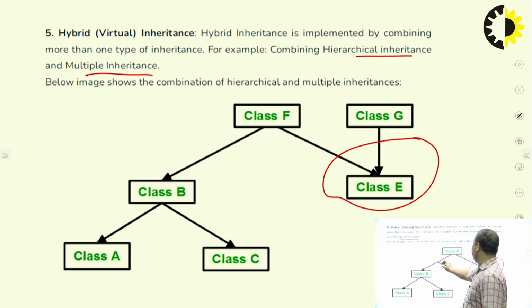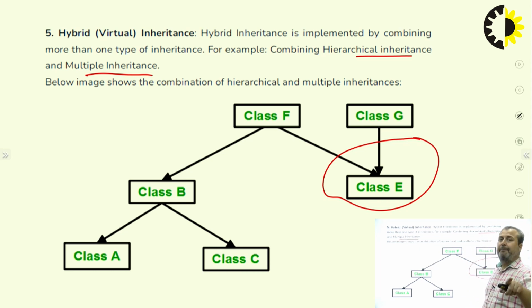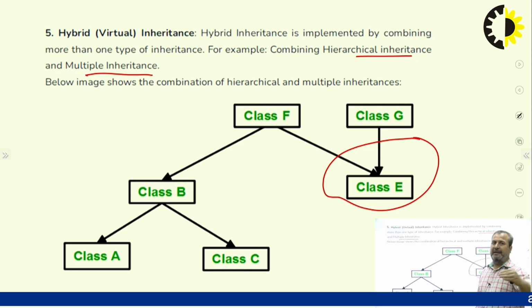So here we can say this inheritance combines the feature of hierarchical as well as multiple. Multiple means more than one base class. This has two base classes, so this becomes multiple. Hierarchical means more than one derived class, which means a single base class.